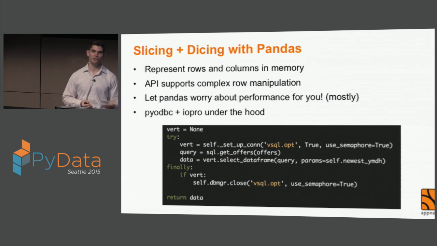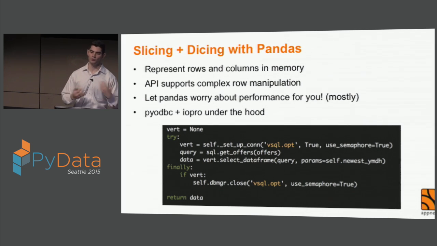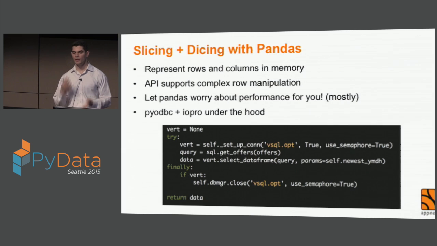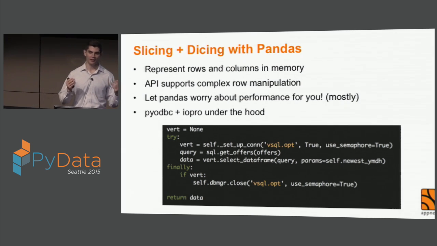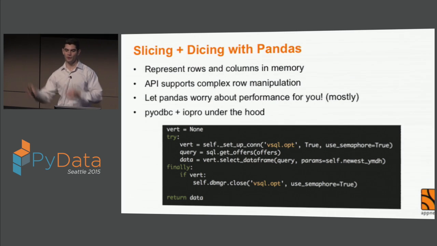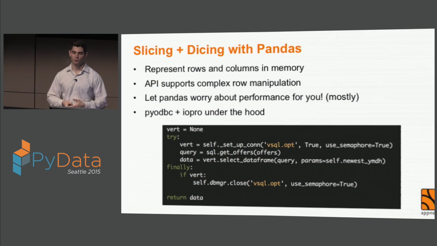And so how we use it is, in each of our sharded tasks, we read all this data into memory, do some row manipulation, and then write off the results somewhere else. Under the hood, we use standard PyODBC and IOPro. If you're unfamiliar with IOPro, it's a Continuum product.